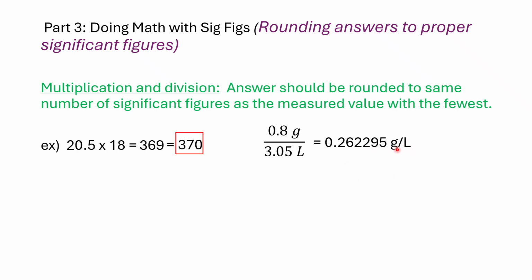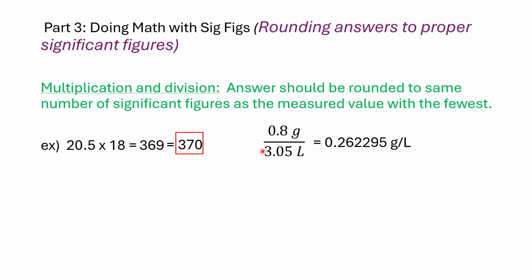But let's focus on the digits in our answer. This is a lot of sig figs, right? This is 1, 2, 3, 4, 5, 6 sig figs, way too many. Okay, so how many sig figs are in the top number that we divided? Hopefully you just said 1 because the 0 is just a placeholder. This 8 is the only sig fig. So we have 1. The bottom number that we're dividing by has 3: the 3, the captive 0, and the 5.